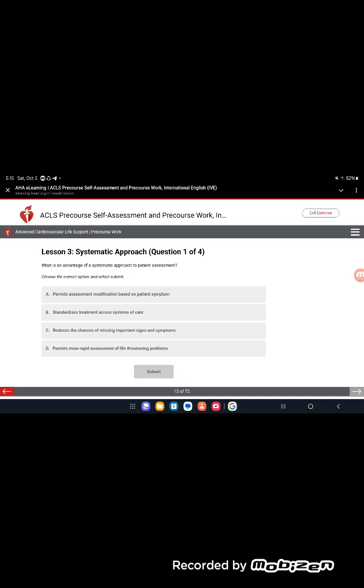What is the advantage of systematic approach? The systematic approach reduces the chance of missing important signs and symptoms, or standardized treatment across system of care, permit assessment modification based on patient symptoms, or permit more rapid assessment of life threatening problem.